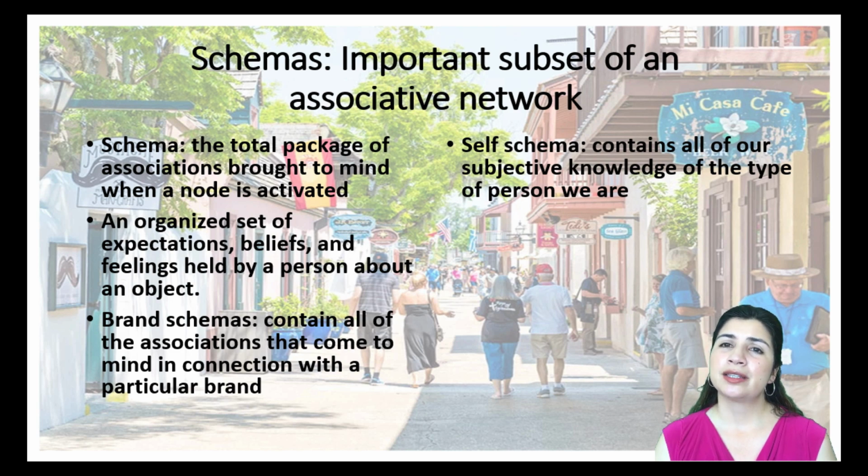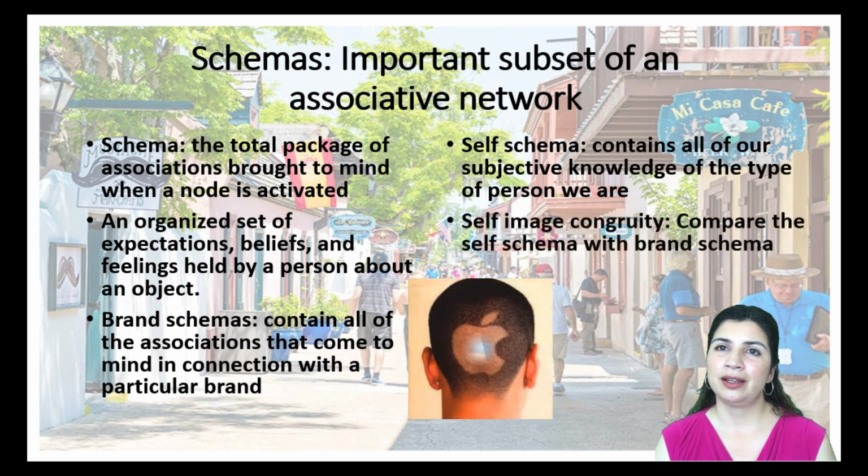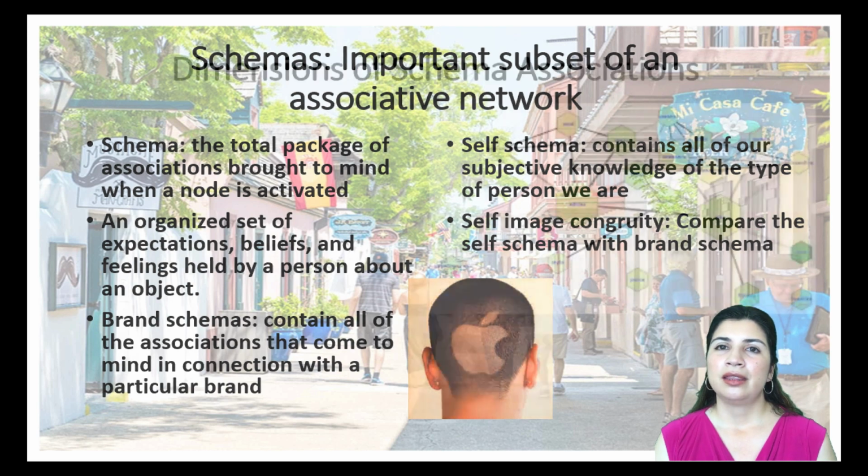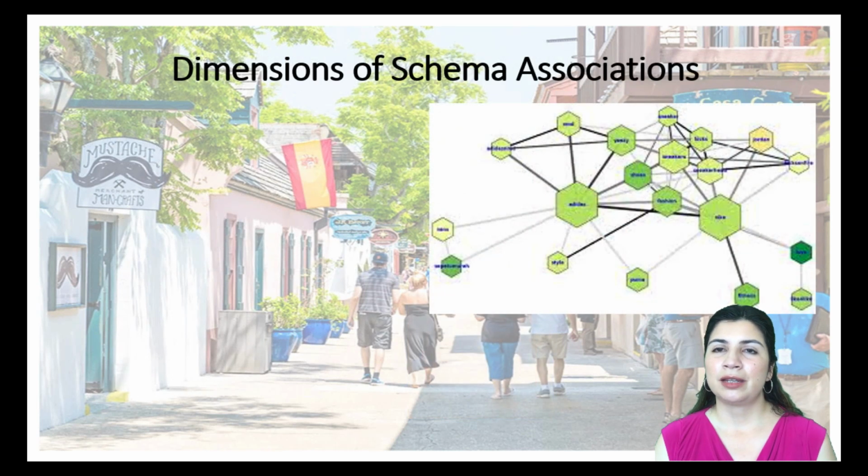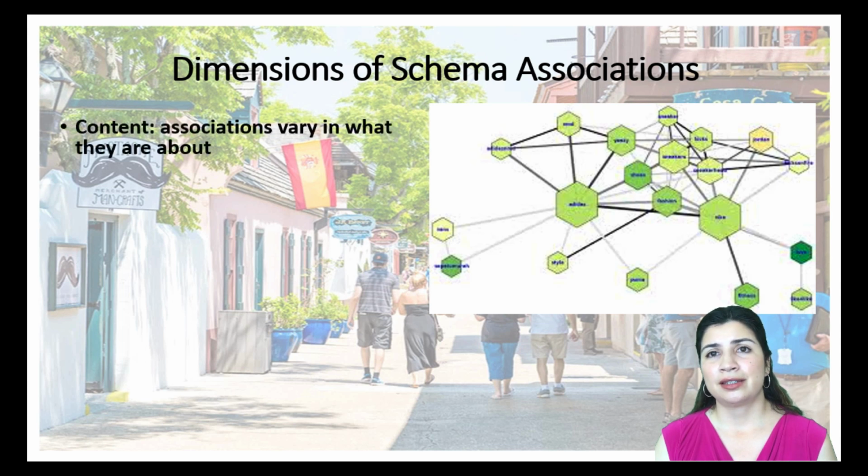And sometimes we consider whether a brand schema fits with our self-schema when making a purchase decision. This comparison between the brand schema and our self-schema takes place when we evaluate identity symbolic brands, and this is known as self-image congruity.